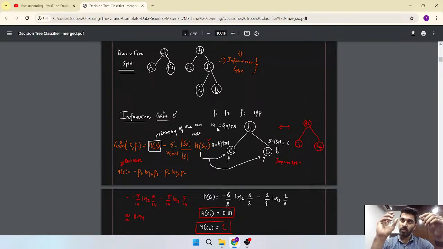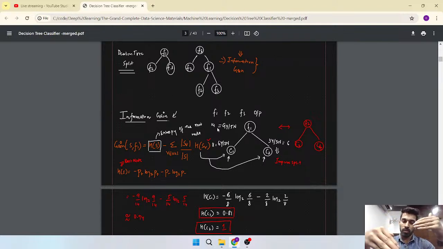If suppose your data set has 100 features, you have to find the entropy for a different feature every time, for all 100 features. You want minimum randomness in your data set, so which feature gives the minimum randomness, you select that feature to split the data set.